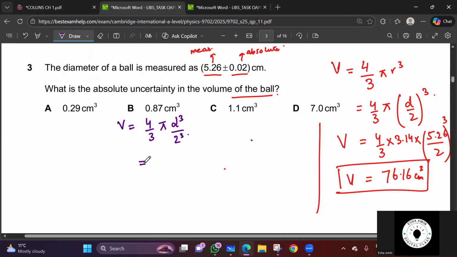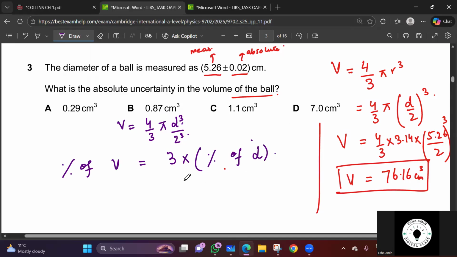We will just say that the percentage of volume will be the percentage of diameter cube. Because there is a power of cube on the diameter, you will take it outside, so 3 times the percentage of d, right?